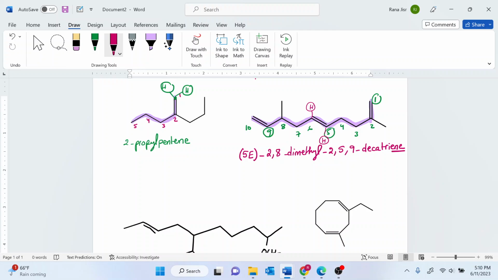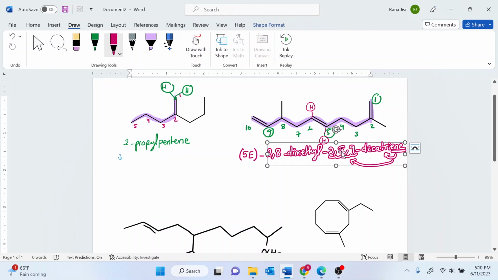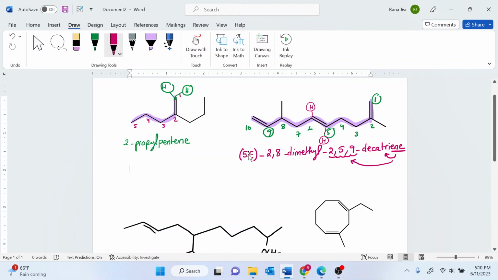So I have 3 double bonds, and this is the tri, and every double bond has a number, okay? And only one of these double bonds, because it's the double bond number 5, on carbon number 5, shows a stereochemistry. This means that the other double bonds are terminal.